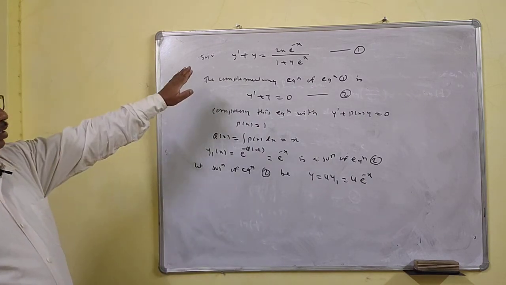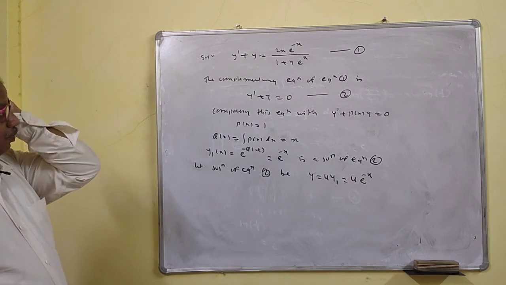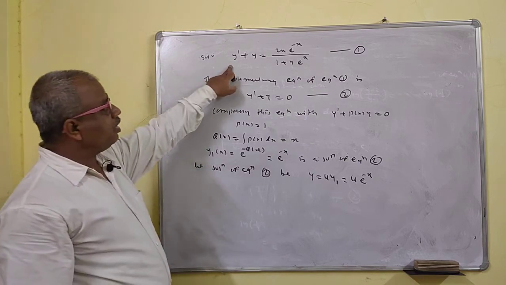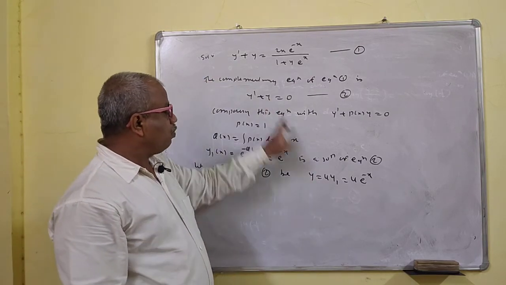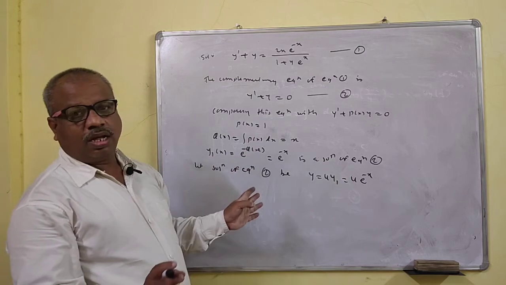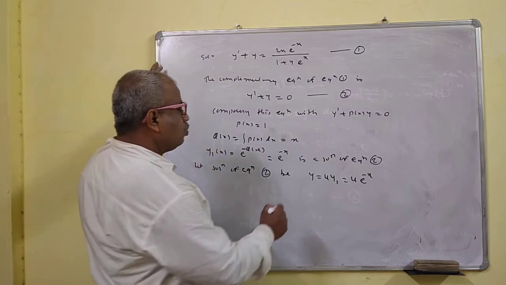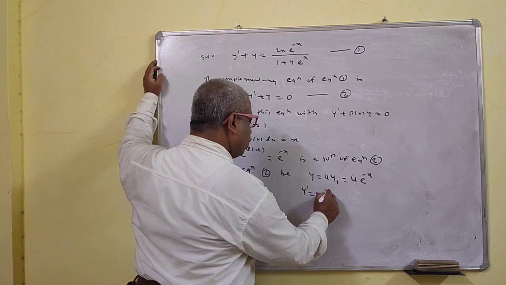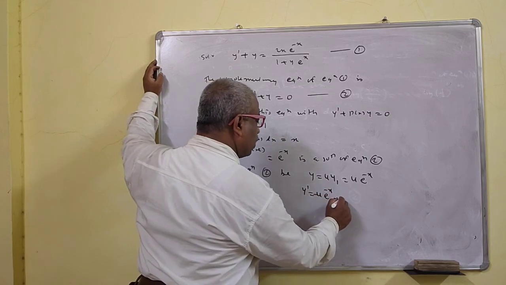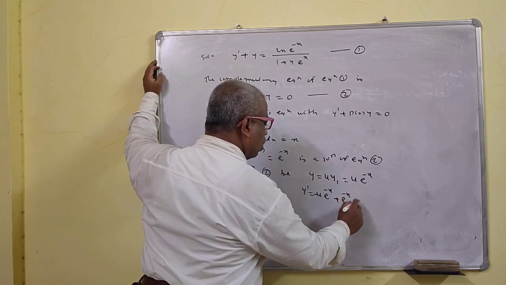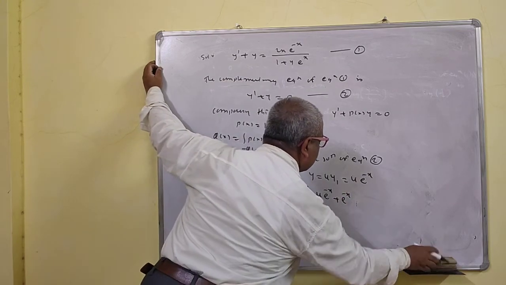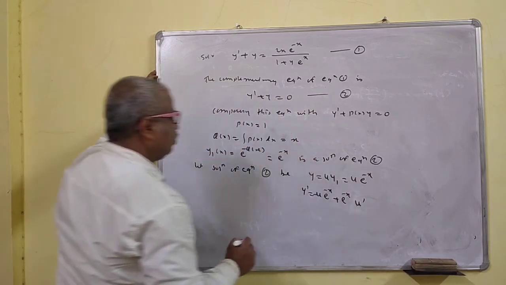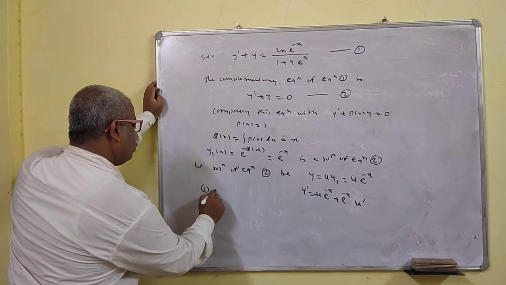We'll convert this in terms of u now. So we'll put y is equal to this and convert in terms of u and x. What is y prime then? y prime is equal to minus u e raised to minus x plus e raised to minus x u prime.